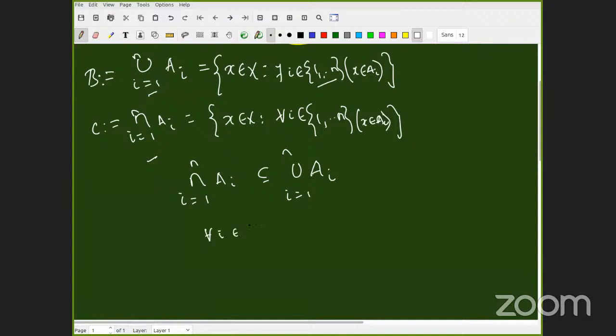For all i in 1 to n, I know X belongs to A_i. Then immediately you are telling there exists i. How do I know that? I have to really find an i in 1 to n such that X belongs to A_i.